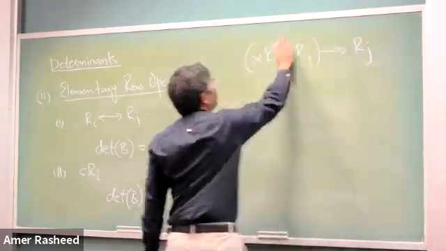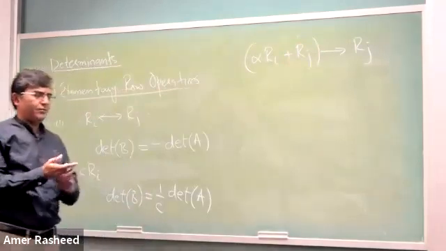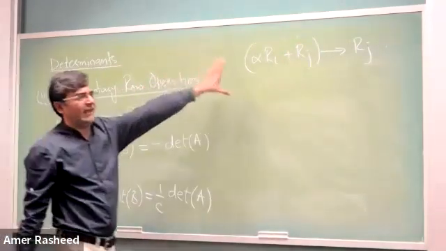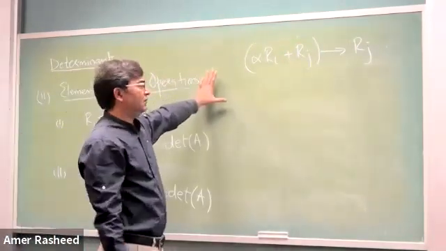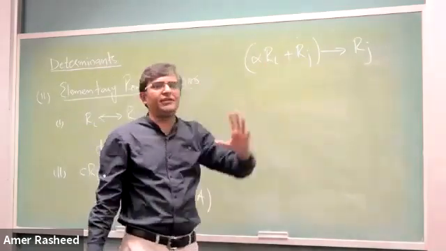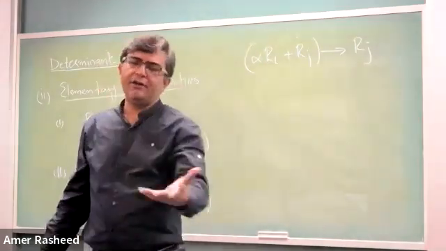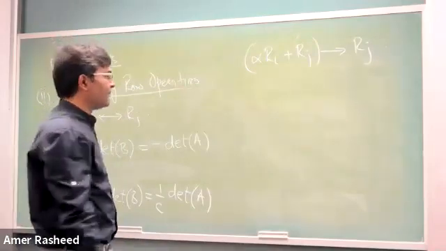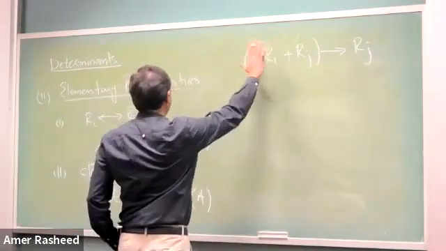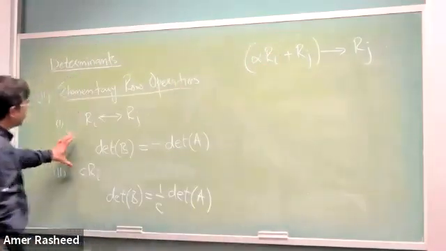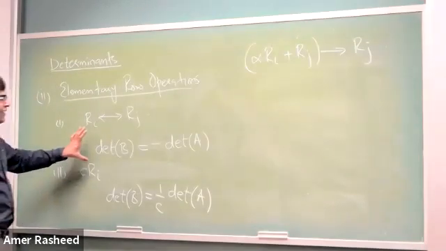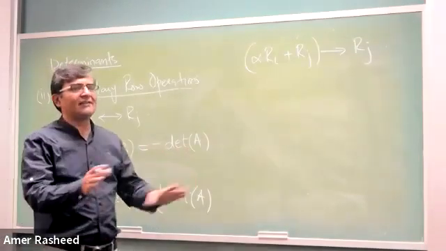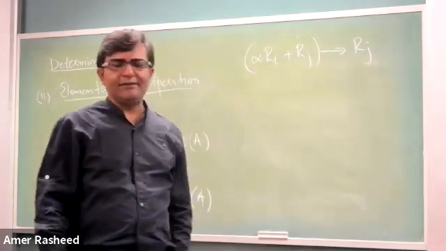Okay, this was the third elementary row operation. So this remains the same for the determinant as well. There will be no change in the resulting determinant of a new matrix. Only these two are slightly different in determinants as compared to the linear systems.